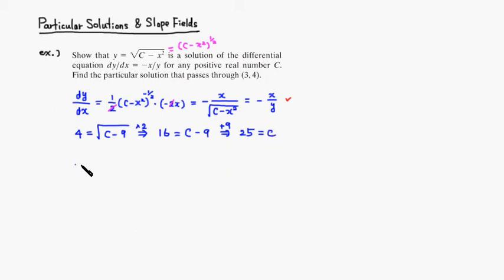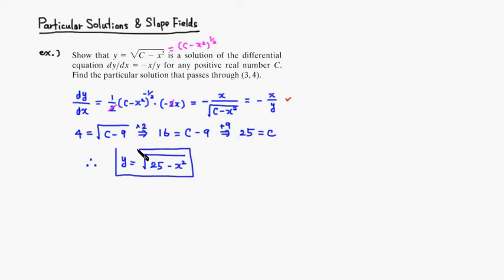Therefore the particular solution is y equals the square root of 25 minus x squared. So this is a particular solution.